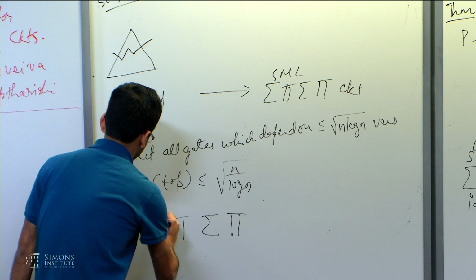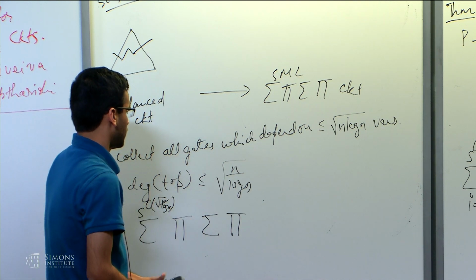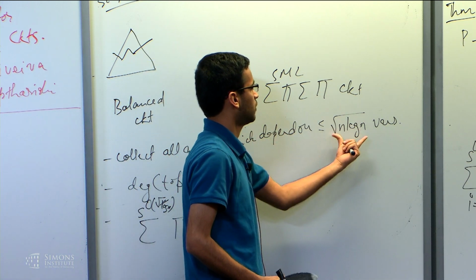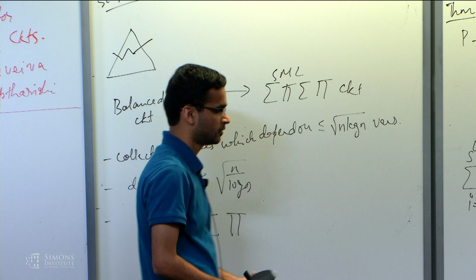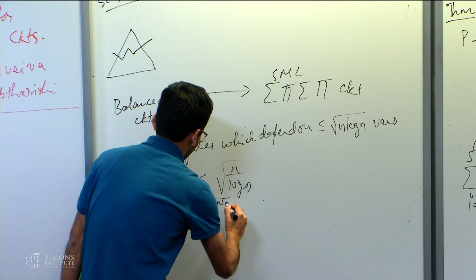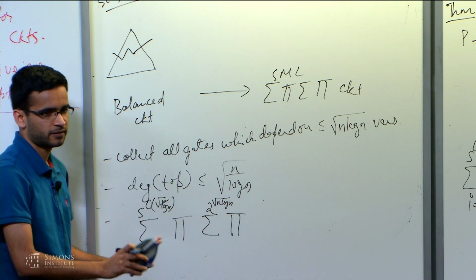So the size would be s to the order of square root of n over log n. And the bottom part, you're looking at multilinear polynomials on square root of n log n variables, so the size would be at most 2 to the square root of n log n. And if s is poly n, they balance out.